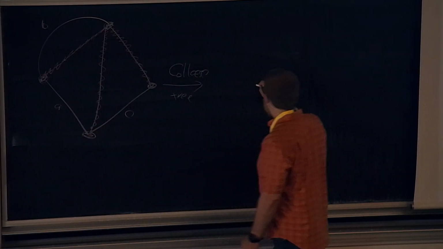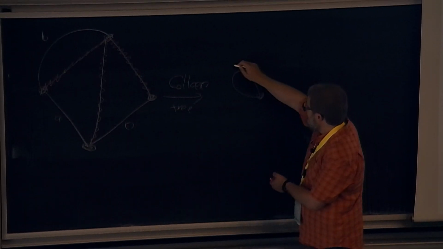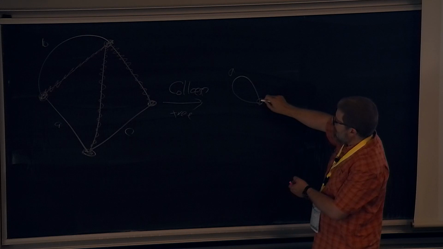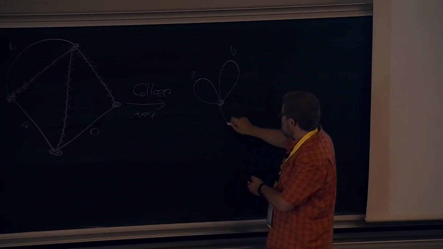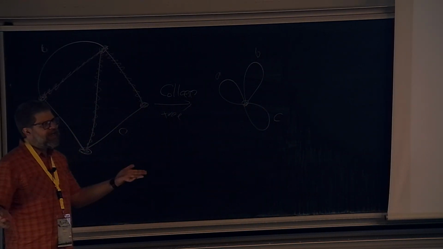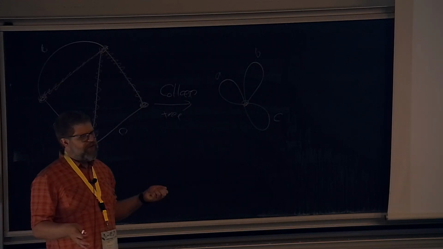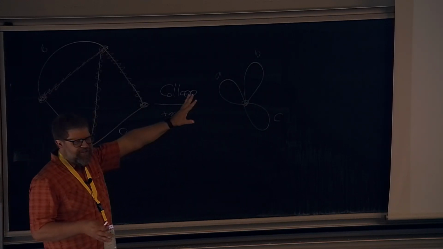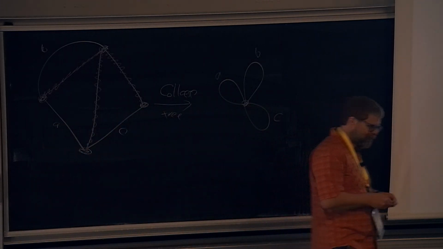And we get a single point right there, and then we get A, we get B, and we get C. We get a wedge of three circles. And that works for any connected graph. For any connected graph, you choose a maximal tree, you collapse it, and you get a wedge of circles. So connected graphs are the same thing as wedges of circles, up to homotopy equivalence.